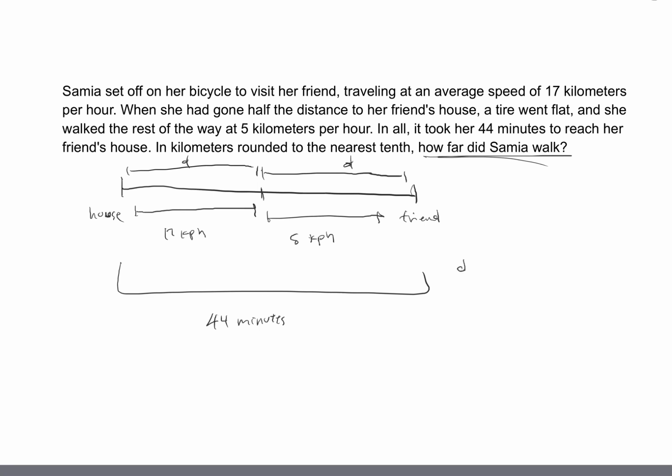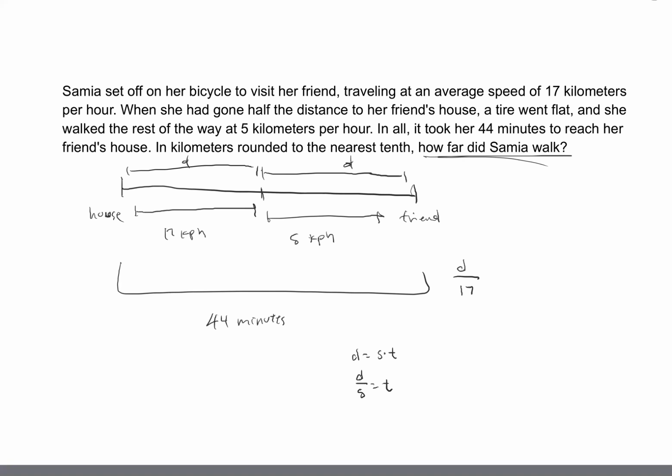So D over 17. This is the time for the first one, because D equals S times T, and D over S equals T, right? I think that's what Kevin used.